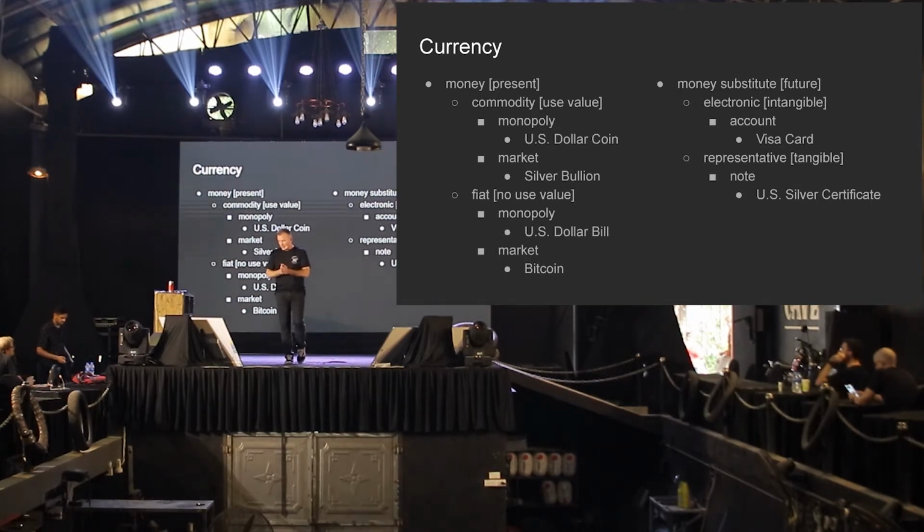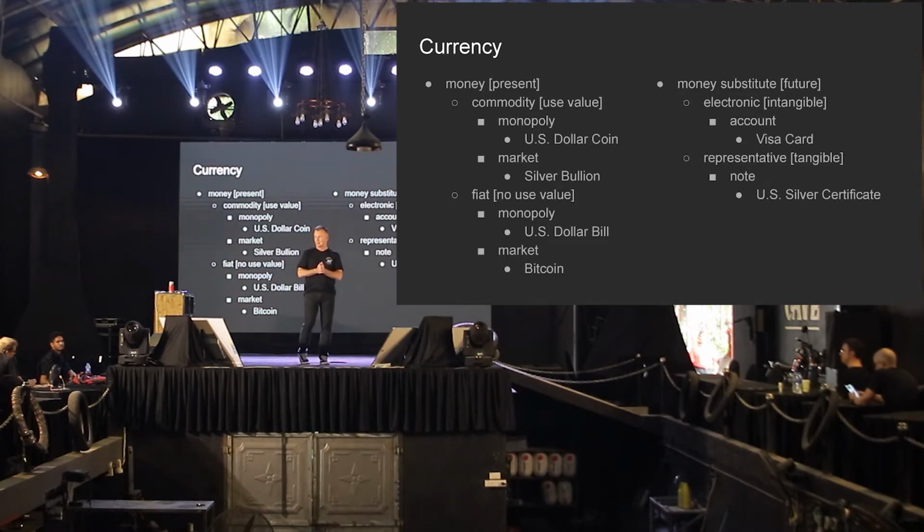Even though it is monopoly U.S. commodity money, coins don't actually extract a price premium. They're purchased from the Treasury at face value. But then again, the Treasury may make them for cheaper than their face value.